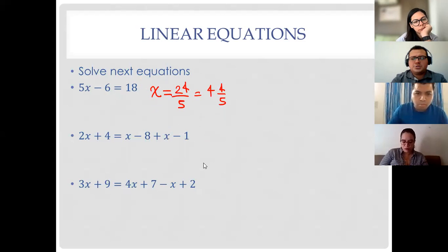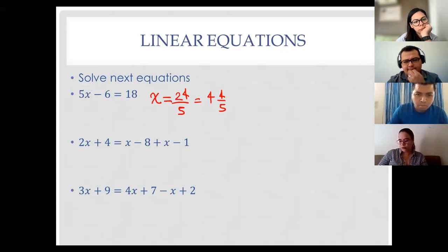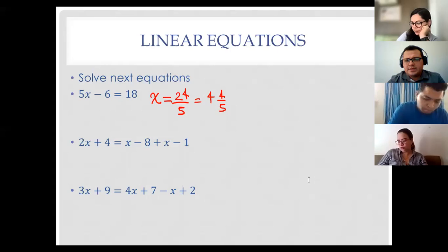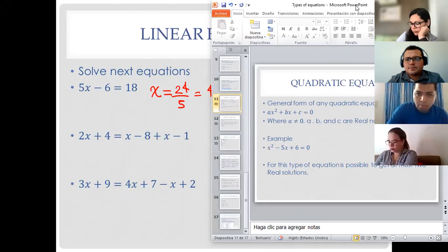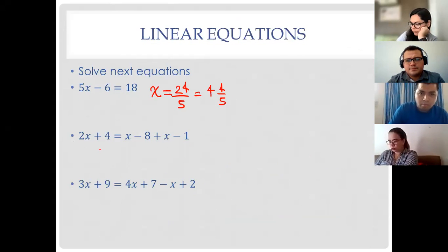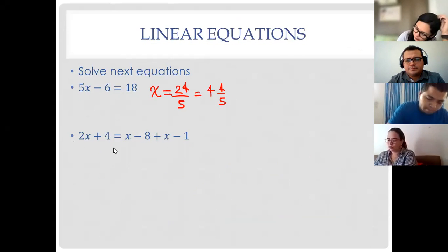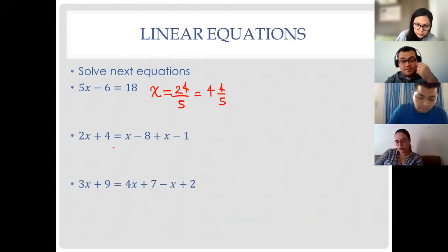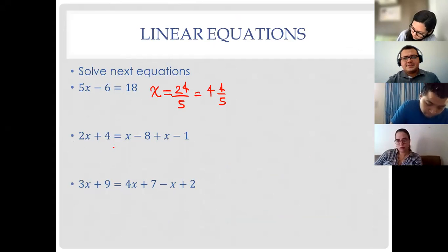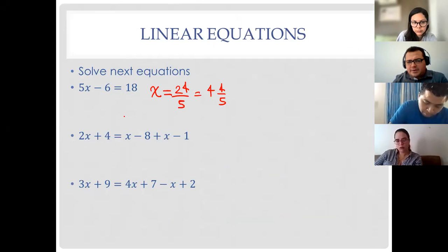Now, what will be the solution of the second one? That's so good. You're trying to move to the other side or using the balance equation property. Gonna summarize this a little bit.